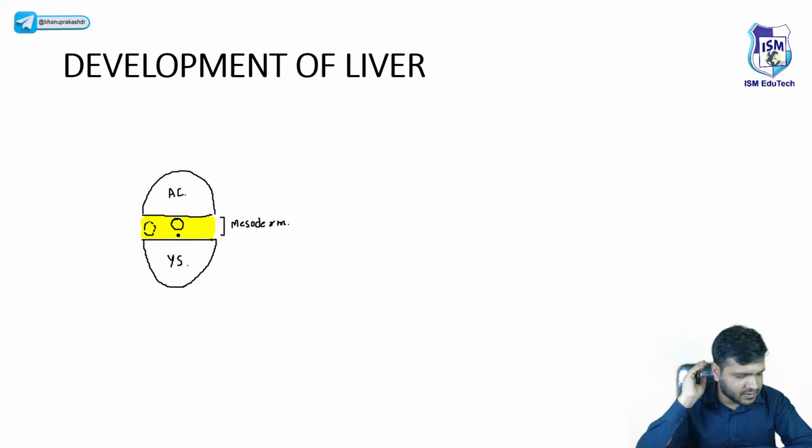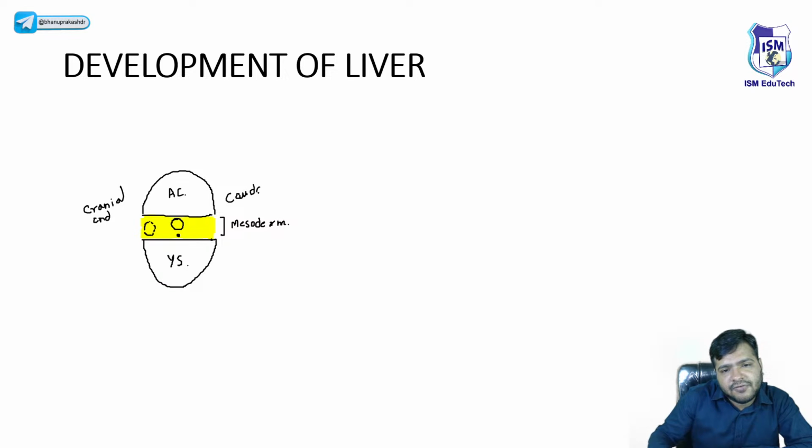Lateral plate mesoderm. The lateral plate mesoderm has the undifferentiated mesoderm at the cranial end. We already know we have the cranial end and the caudal end, the head end and the tail end.